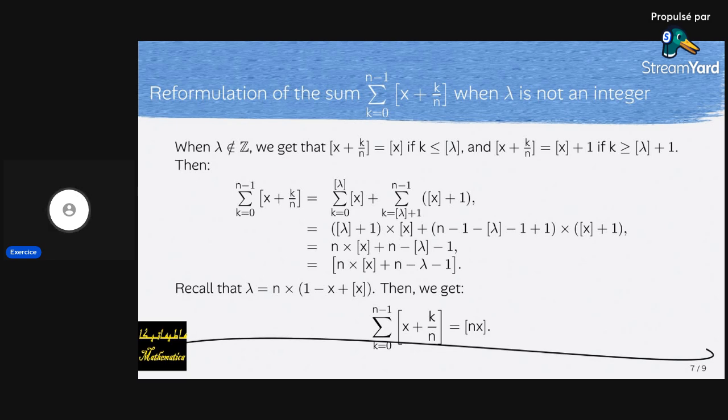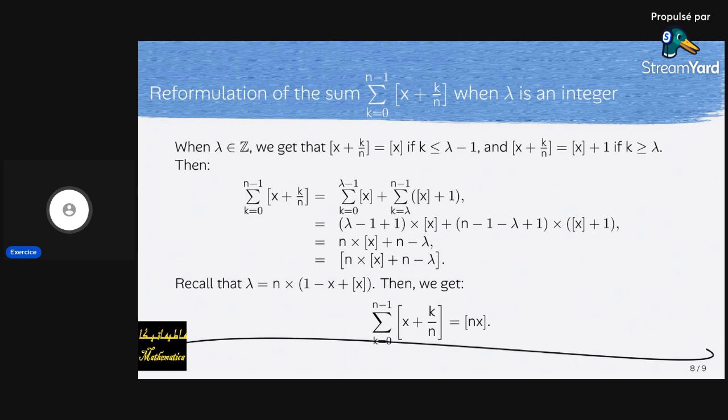But all these expressions are integers, so we can take them in the integer part, the floor function. So we get the integer part of n times the integer part of x plus n minus lambda minus 1. Recall now that lambda is equal to this expression, so we get that the sum is equal to the integer part of n times x.